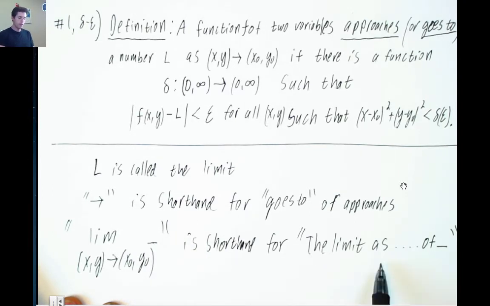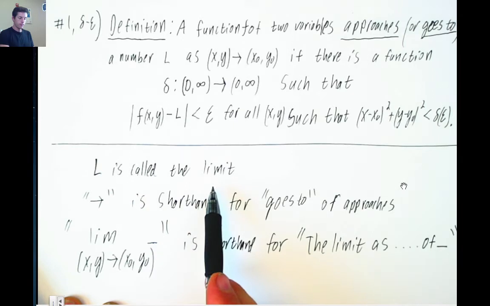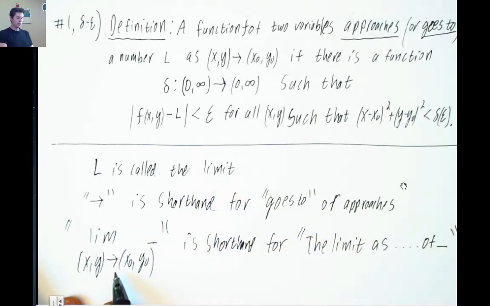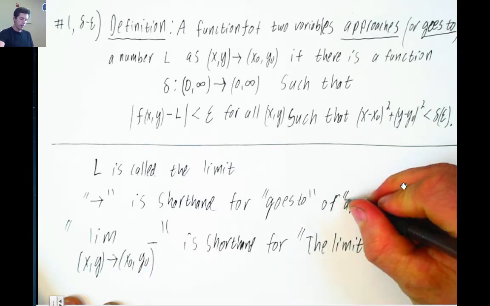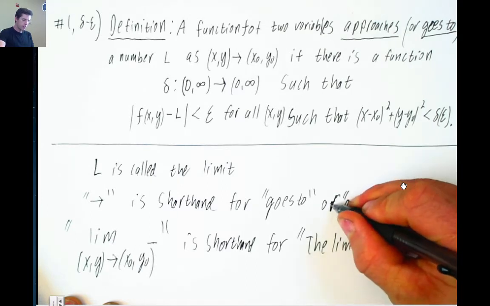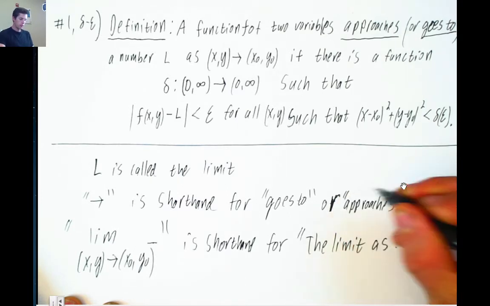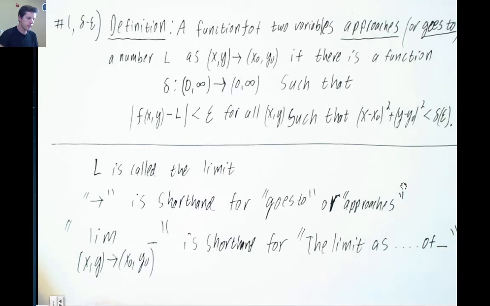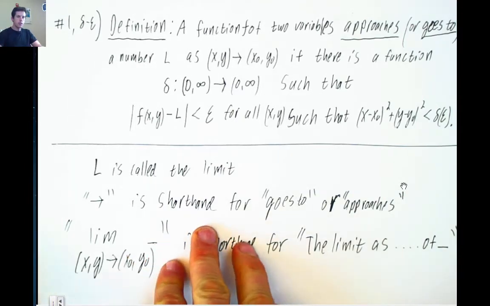So the limit is referring to L. And of course, the arrow that appears right there is shorthand for goes to, or approaches. Sorry if that looks like an F. That's supposed to be more R-like. Partially fixed.